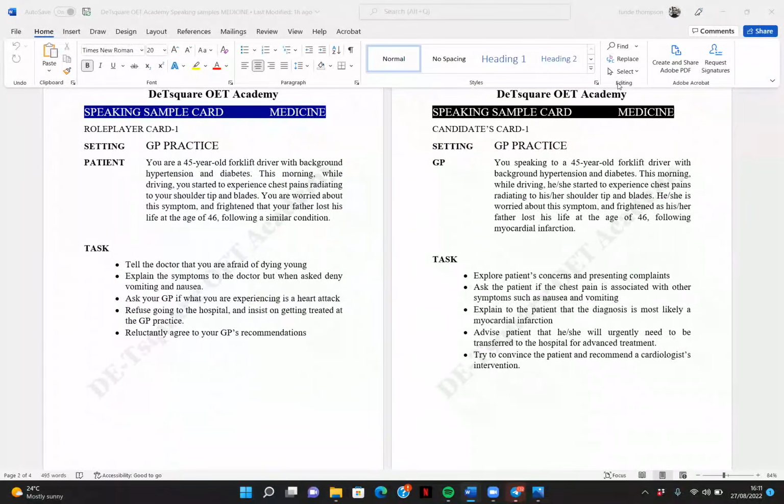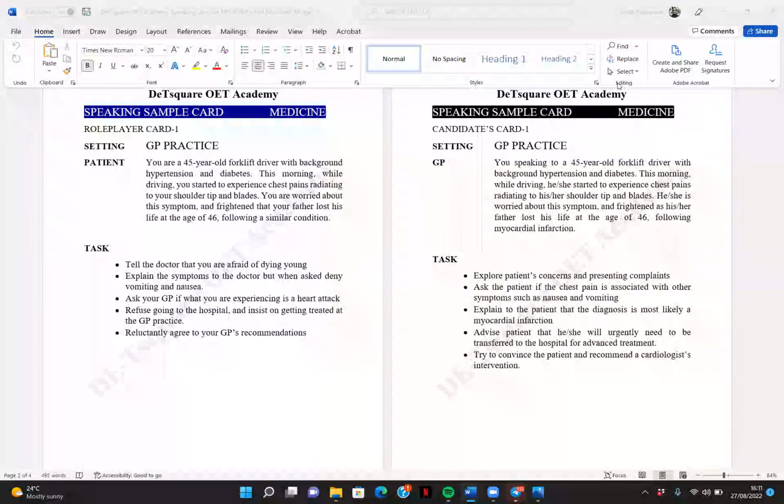Okay, from the history of your father dying of heart attack, and you're presenting with this now, I feel that what you're having is a myocardial infarction. Do you know what myocardial infarction is all about? No, is it the same as heart attack?